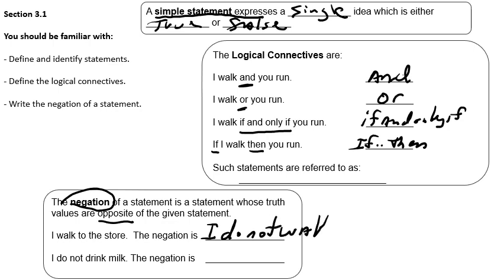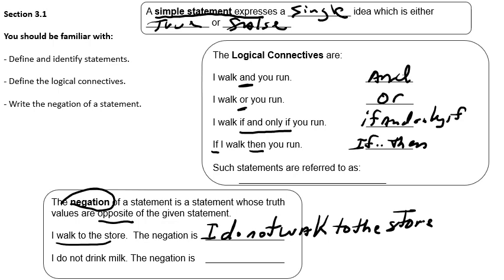And the reason why? Well, if I walk to the store is true, then I do not walk to the store is false. If I don't walk to the store, then this one's false. Well, then this one's true. So it's not that difficult of an example of the negation. These are the simple ones. I do not drink milk.